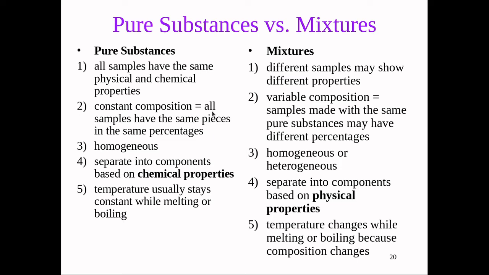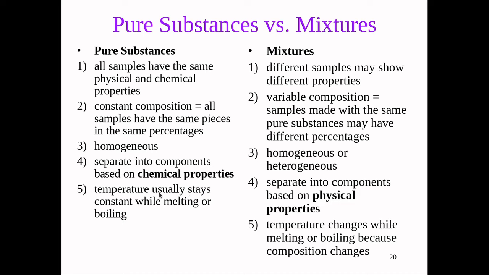Okay, water is always 89% oxygen, 11% hydrogen. They're always homogeneous. All right. They separate into components based on their chemical properties. Okay, so we can break down a compound into its elements, but we can't break down the elements any further.